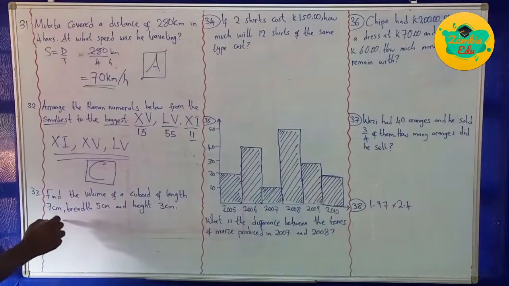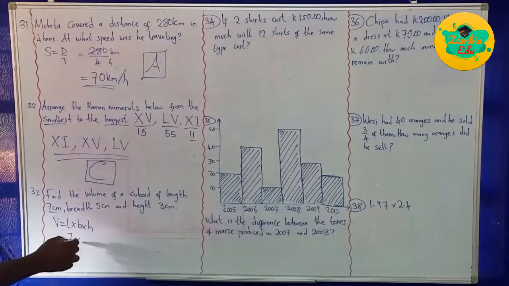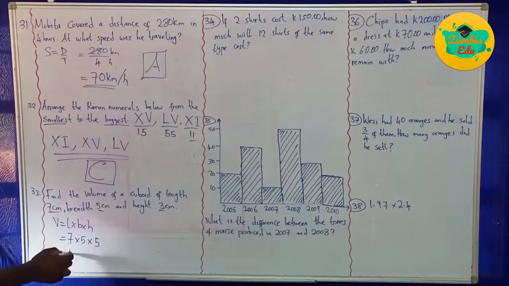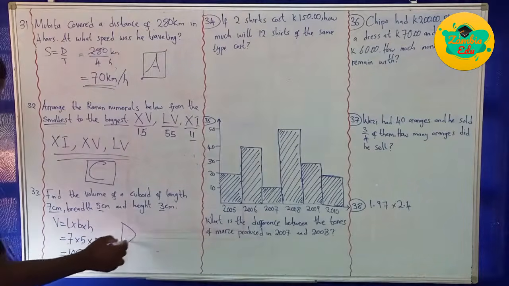So we know volume is equal to L times B times H, which will be equal to our length 7 times 5 times 3. 7 times 5 is 35. 35 times 3, we're looking at 105 centimeter cubic as our answer. And when we look at our multiple choice, that came as option D.